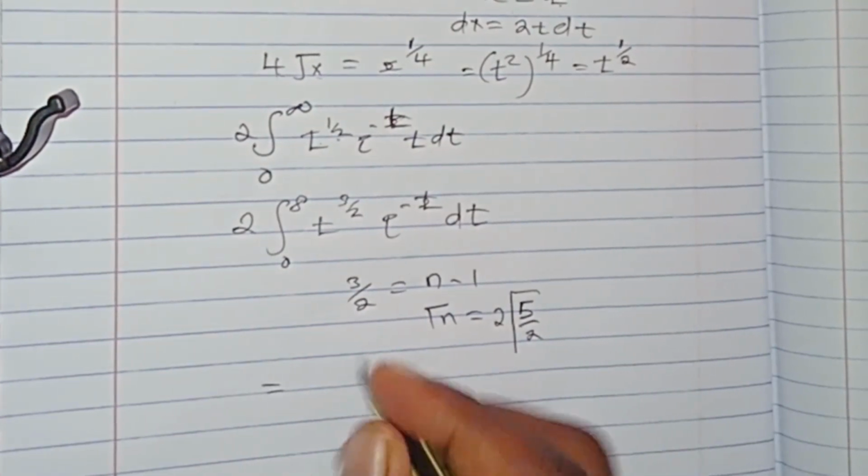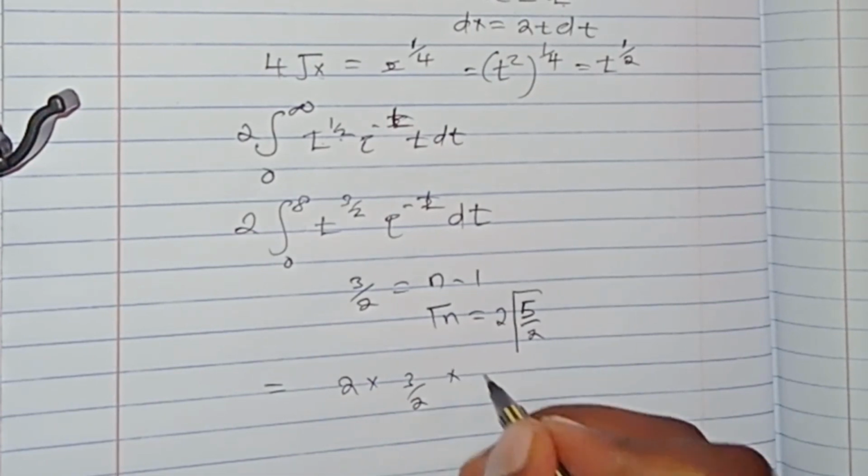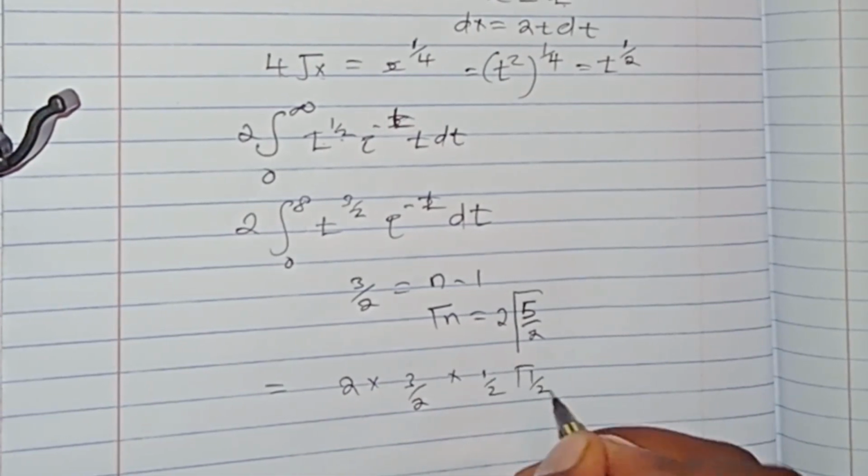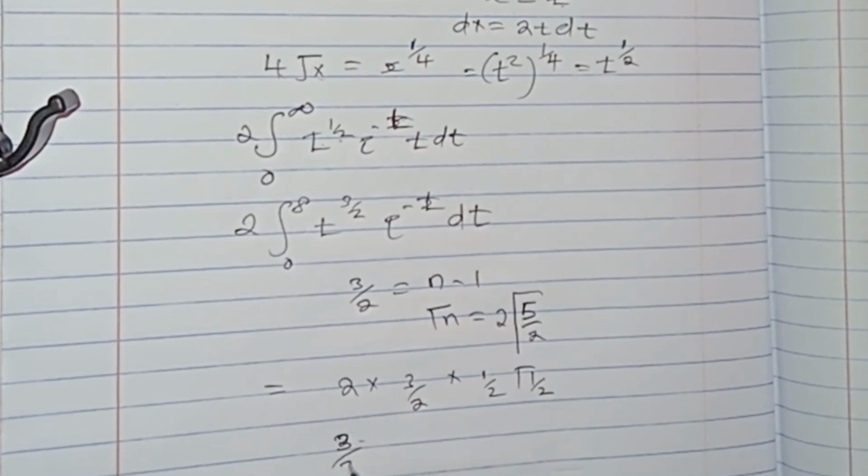This will be equal to 2 multiplied by 3 over 2 multiplied by a half gamma half. So 2 times 3 is 6, 6 divided by 4 is 3 over 2. And gamma half is root pi. Like that.